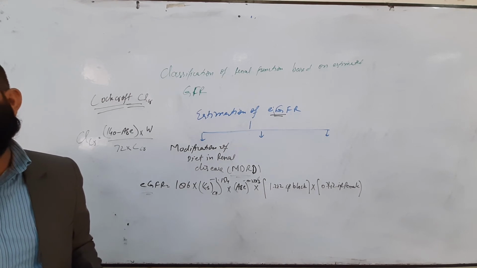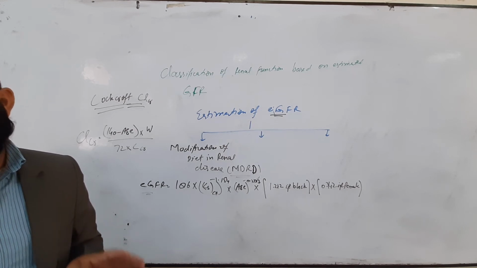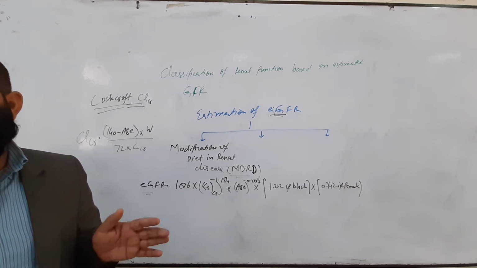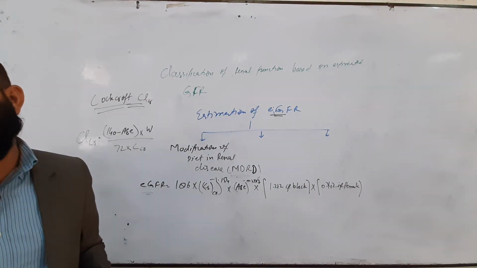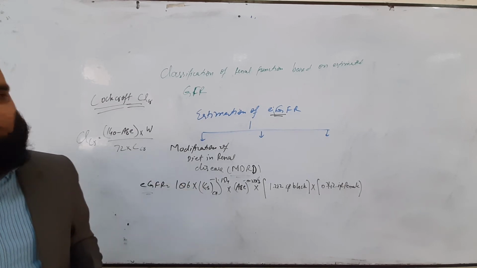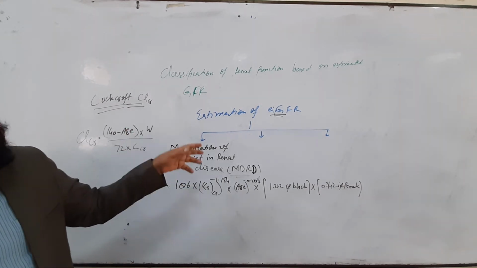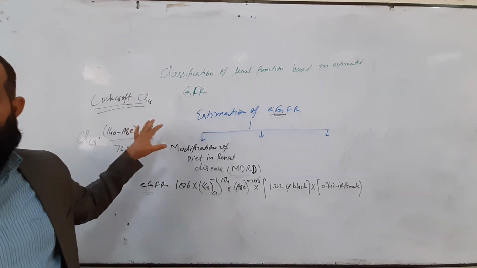Remember what we are discussing? We are discussing that glomerular filtration rate and creatinine clearance both can be calculated, and both have the same application for the adjustment of dose in renally impaired patients. Calculation of creatinine clearance I have already told in my previous class.